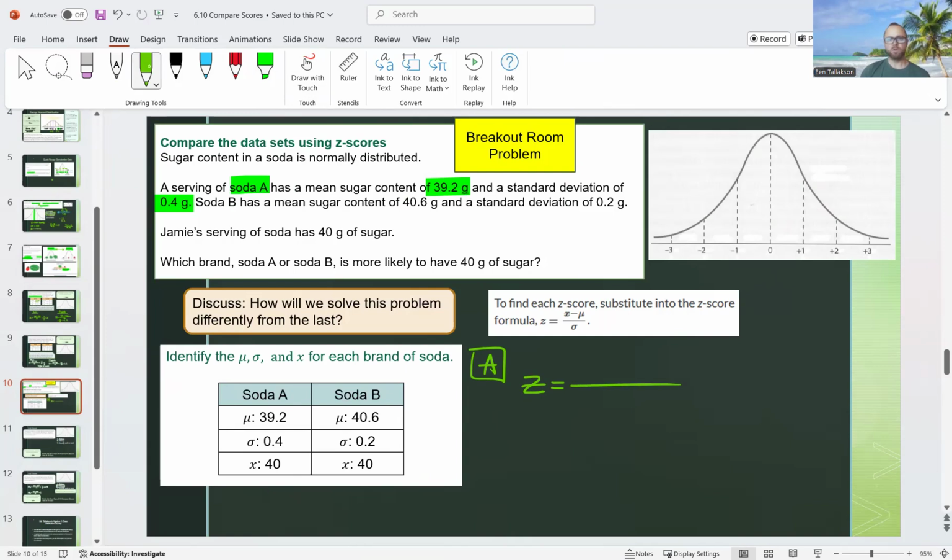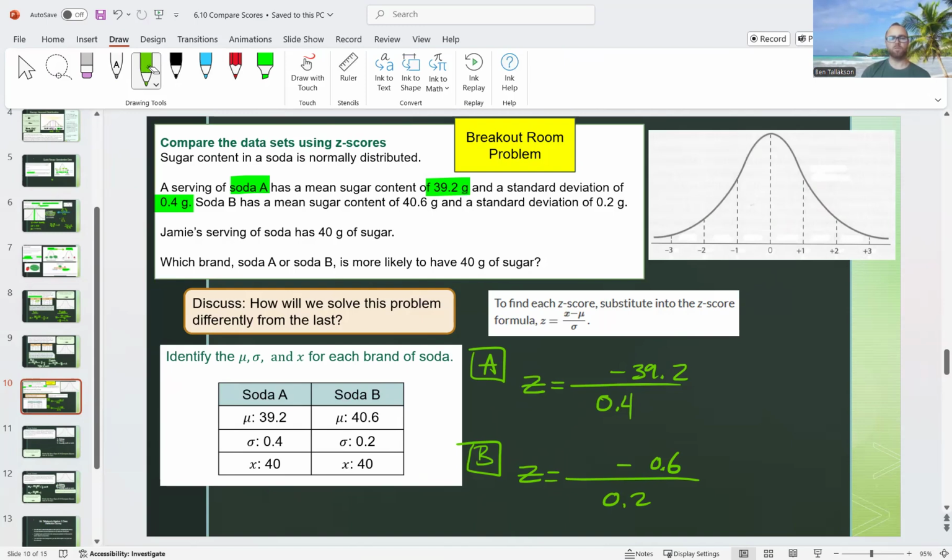What do we know so far? They gave us the mean and the standard deviation. Okay, that's all they gave us so far. And then z-score for soda B. We have a mean of 40.6, standard deviation of 0.2. That's as far as we've got.